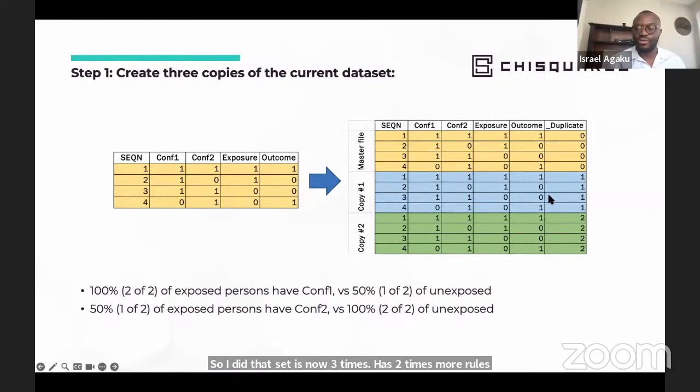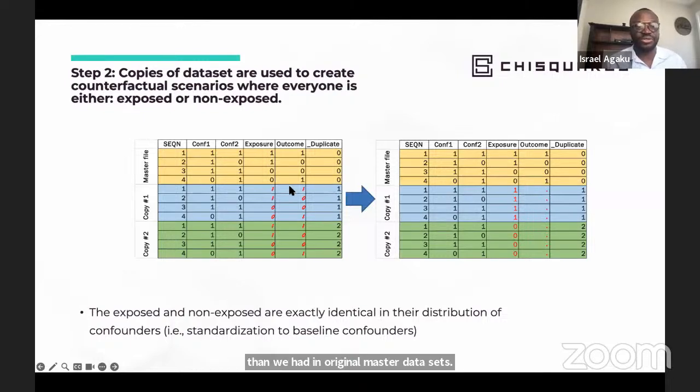Now, the next step is that we're going to take the first copy and assign all of them as being exposed. So you see the exposure here. This is what we had. We're going to change everybody in this second data set to become exposed. In the second copy, we're going to change everybody to become non-exposed.